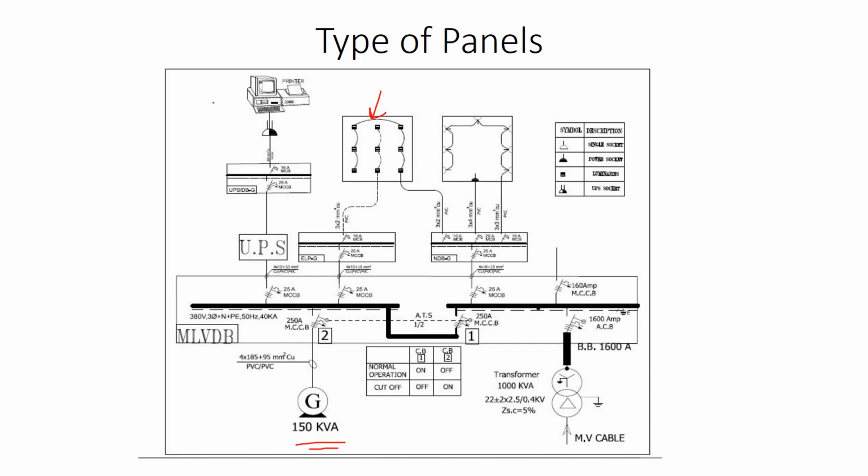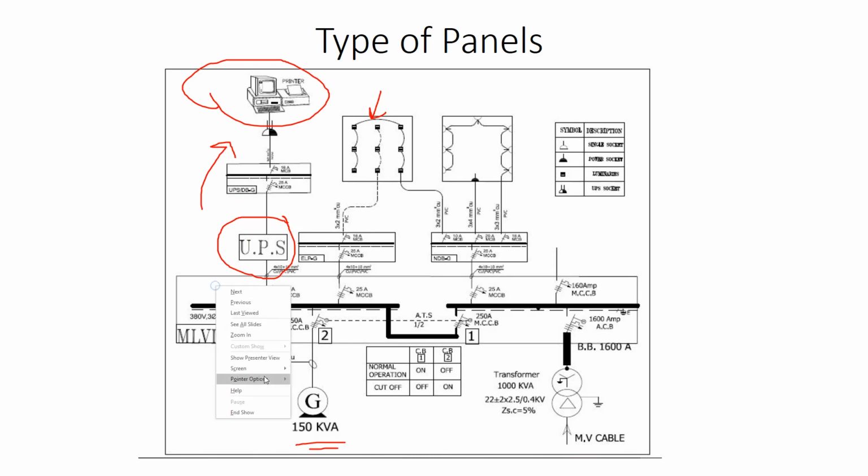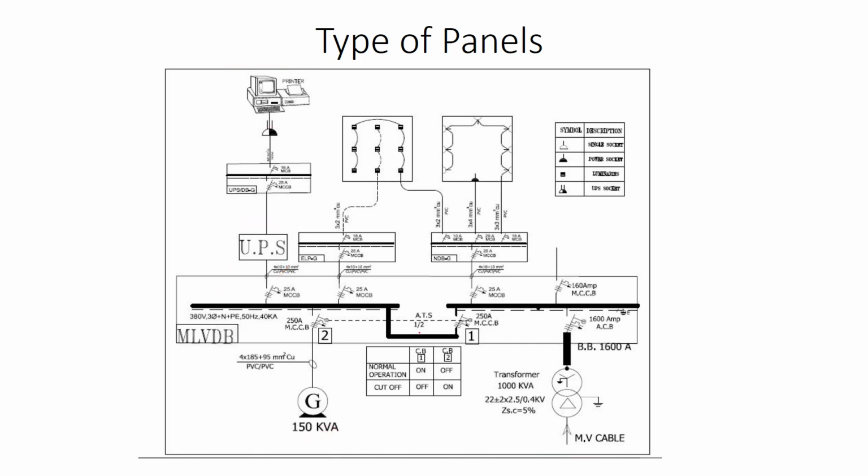But this equipment will still be operating. Why? Because it is connected to the UPS, which starts providing electrical power to keep it running. So this is the most important equipment, and we connect it to the UPS so it operates in normal operation and even in emergency operation all the time.